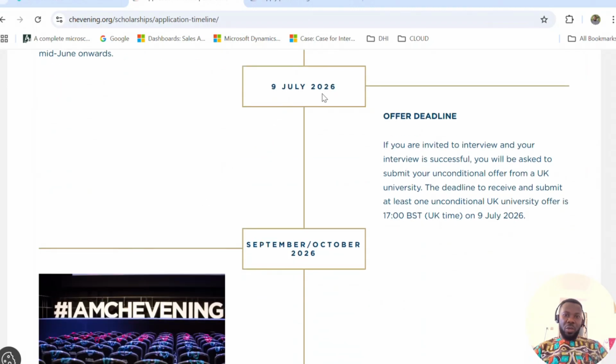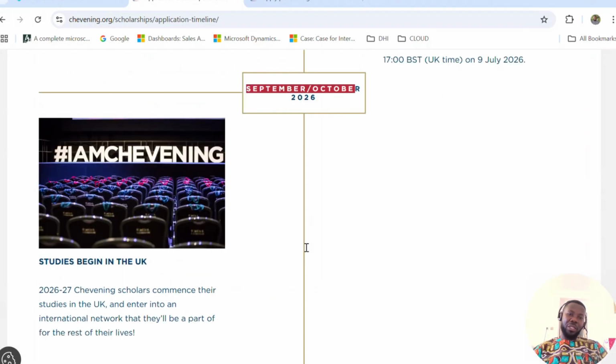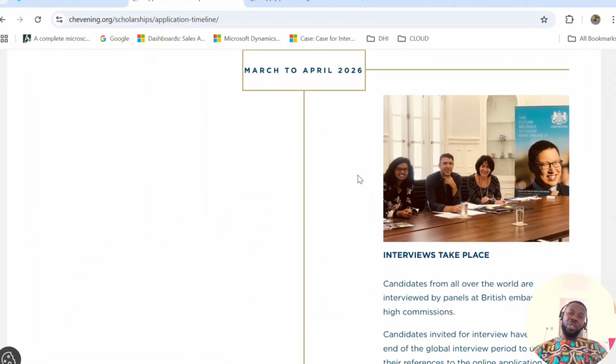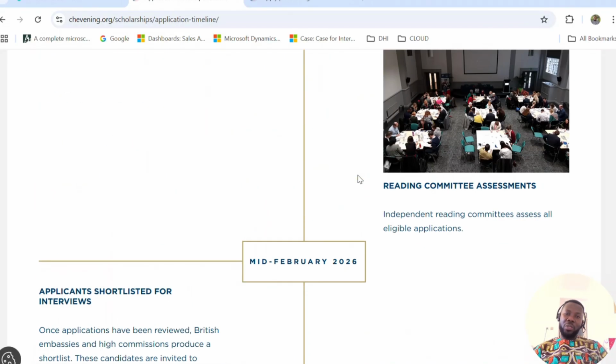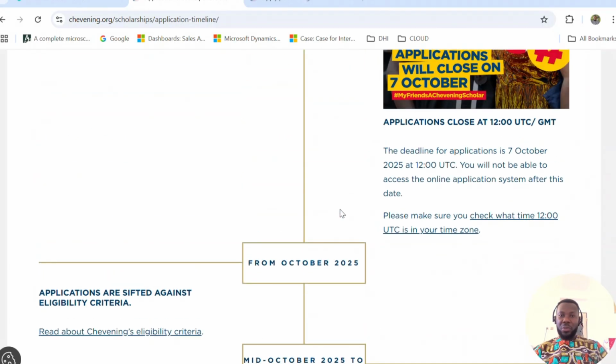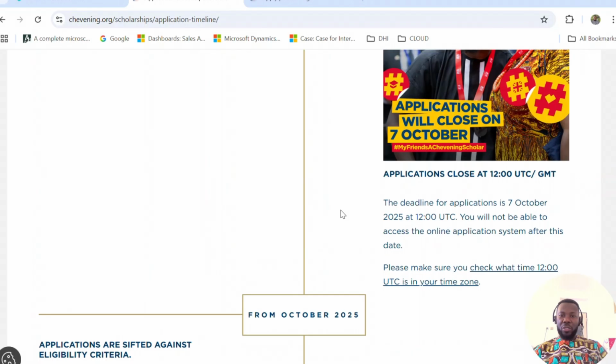All things being equal, if you get the offer, you are likely to start your studies in September or October 2026 and finish somewhere in May 2027. So take note of these timelines. They are very crucial in your application process and also in your preparation towards the interview session when you are shortlisted.